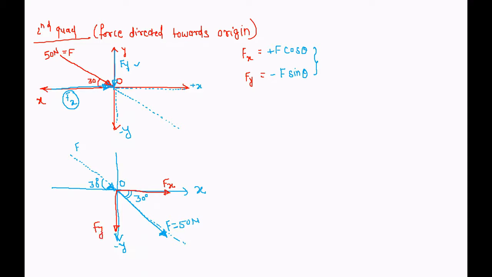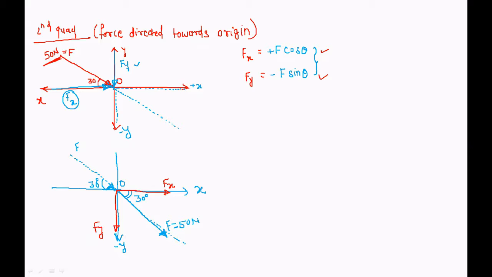That is the Fy. So Fx is the adjacent component. So Fx will be F cos theta and it is directed towards the positive x direction. So it is plus F cos theta. And Fy is directed towards the negative y direction, so it is minus F sine theta. Okay. So I hope this is clear to you, force resolution in the second quadrant, where this force is directed towards the origin.